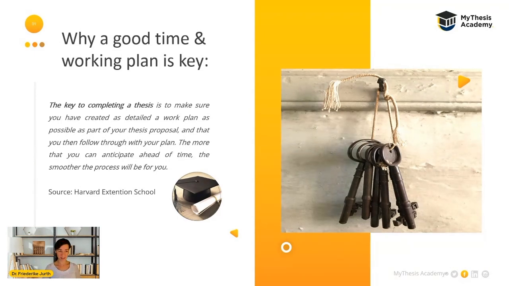They put it like this: the key to completing a thesis is to make sure you have created as detailed a work plan as possible as part of your thesis proposal, and that you then follow through with your plan. The more that you can anticipate ahead of time, the smoother the process will be for you.